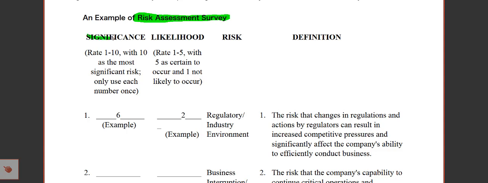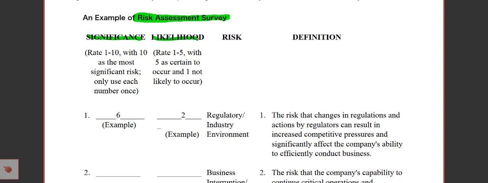Now, what do you think about the impact? Rate 1 to 10. What do you think about the likelihood? Rate 1 to 5. So what we'll do is we try to then tabulate the results of the survey and look at what generally people say.